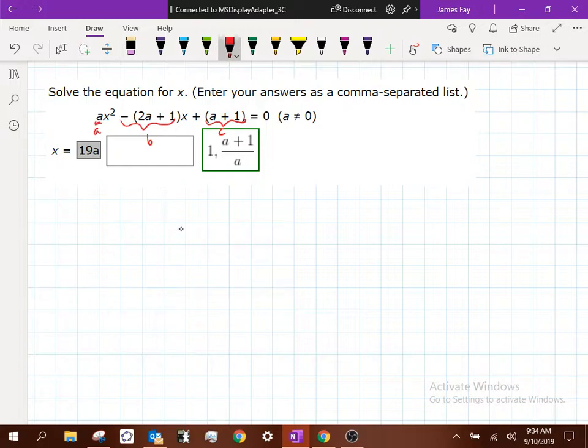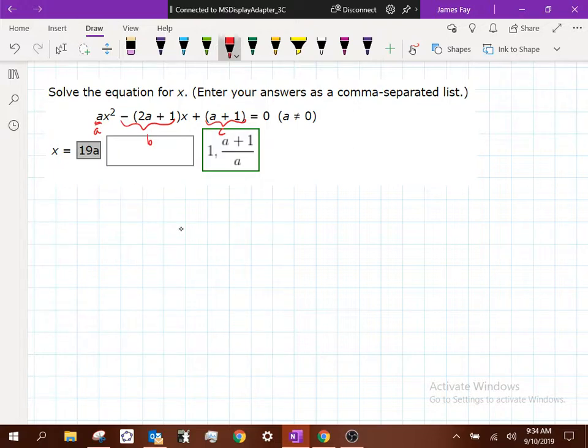So because those groups of parentheses are in front of our variable terms, those are A, B, and C. Now, the only thing here is pay attention to your B, the fact that it is the opposite of 2A plus 1, right? Okay.